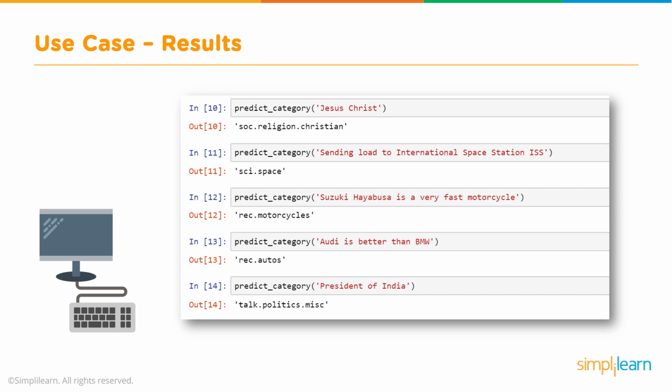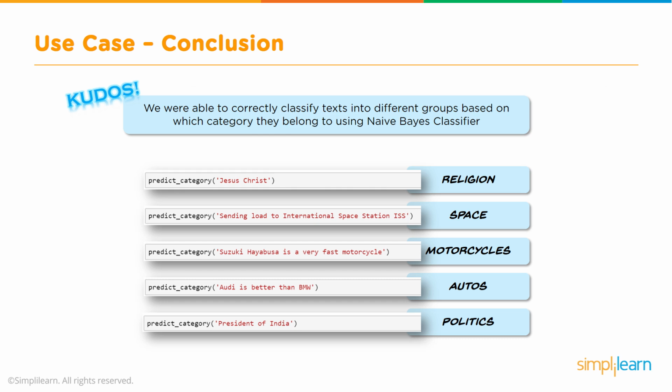So when we take our function and we run all these things through, kudos, we made it. We were able to correctly classify texts into different groups based on which category they belong to using the Naive Bayes classifier. Now, we did throw in the pipeline, the TF-IDF vectorizer, and the graphs. Those are all things that you don't necessarily have to know to understand the Naive Bayes setup or classifier, but they're important to know.